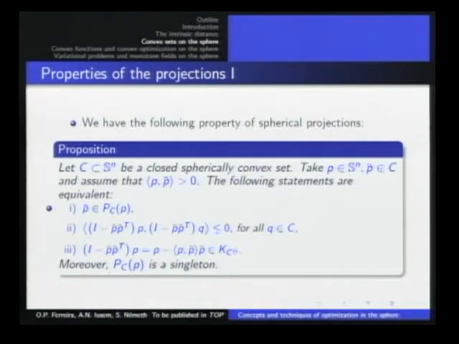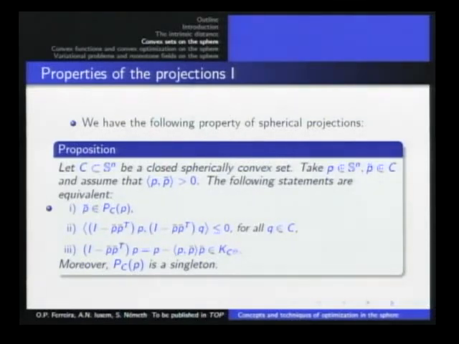So, properties of spherical projections. Here I have a closed spherically convex set C. I take a point P in the sphere S^n, and another point in C, and the two points make an acute angle.